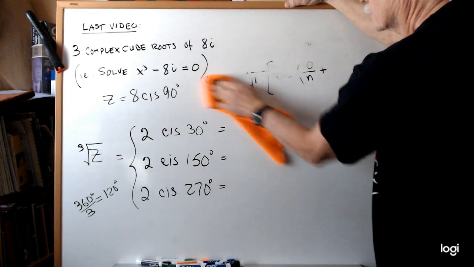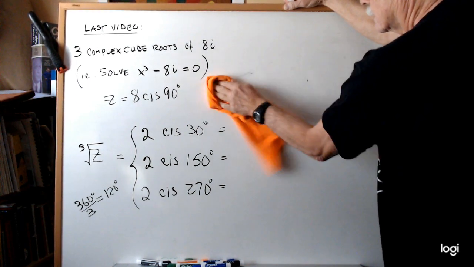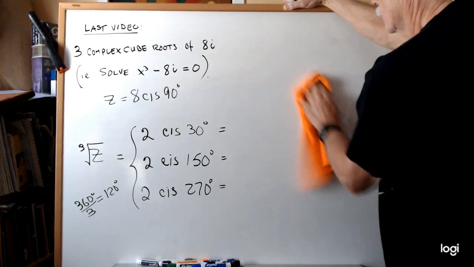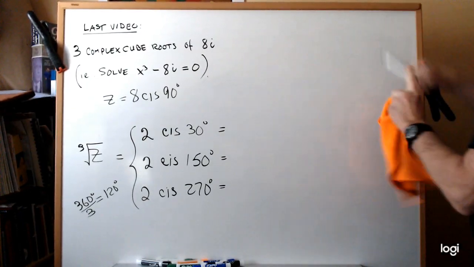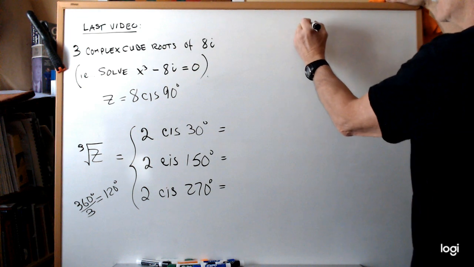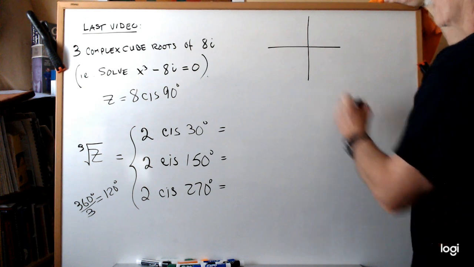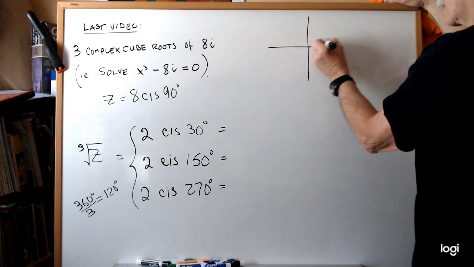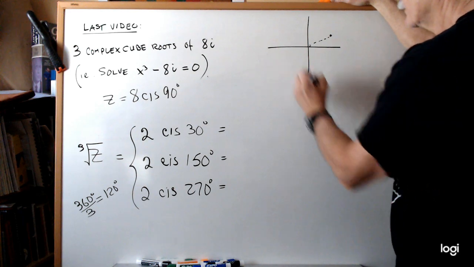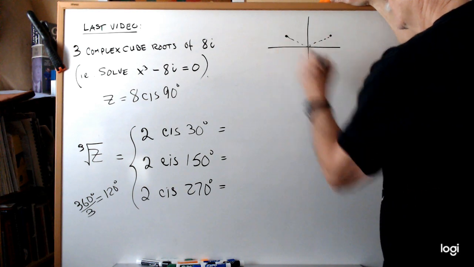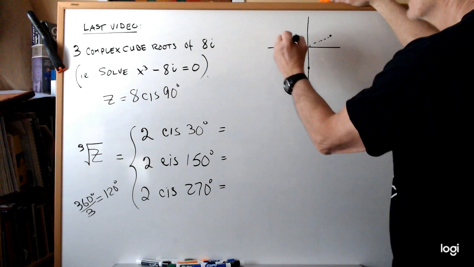We picture the complex plane, and we have one root at 30 degrees, another root at 150 degrees, and another root at 270.